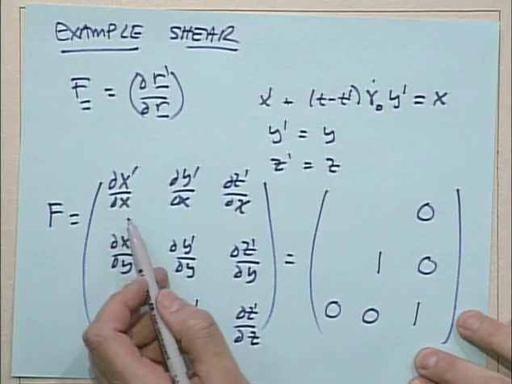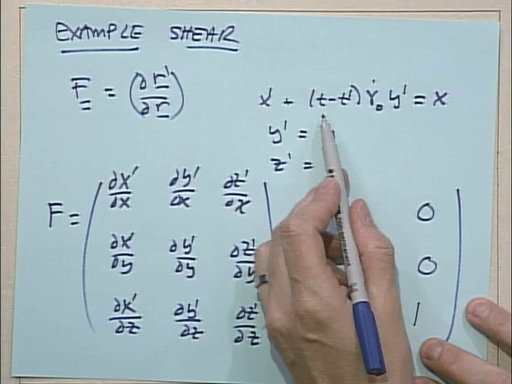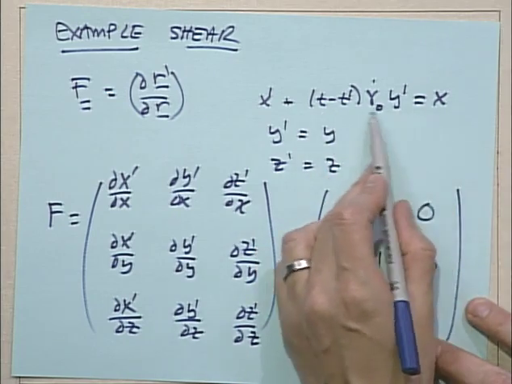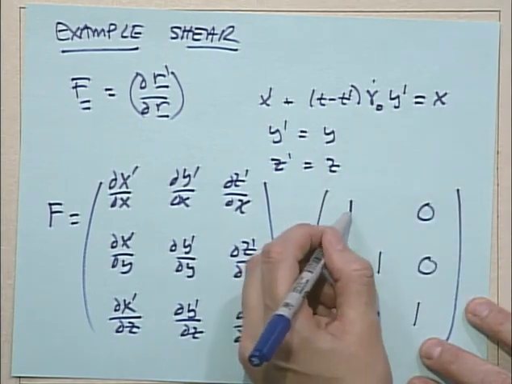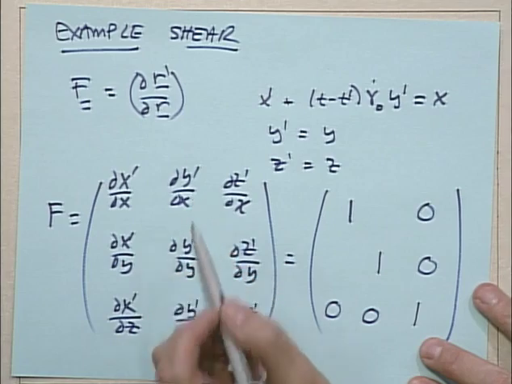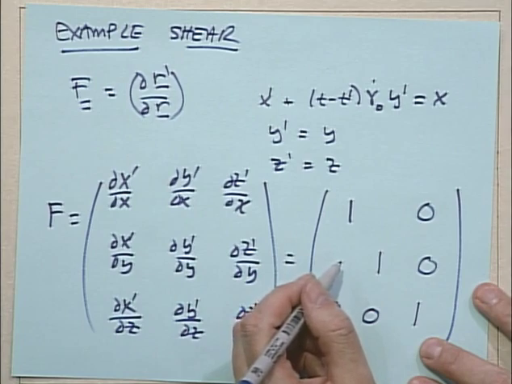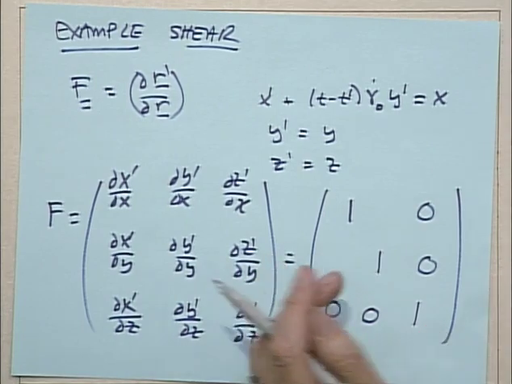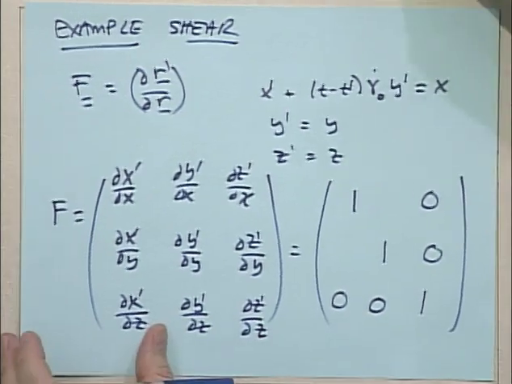We need dx prime with respect to x. If I move this over to the right, there's no x in it, 1. And now these are the tricky ones here. dx prime with respect to y. Yeah, let's be formal about it.